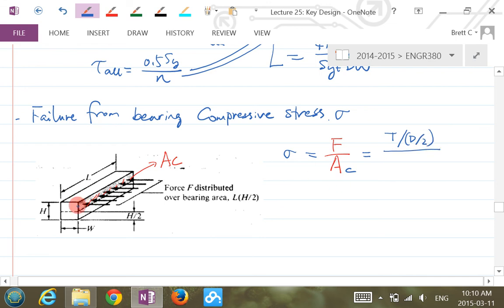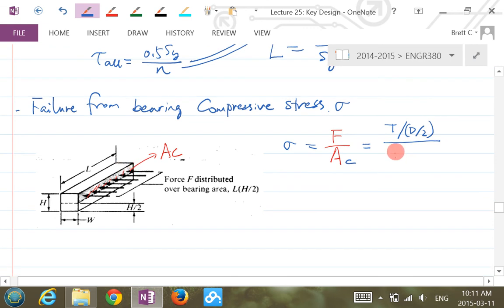And Ac is this shaded area. How much is that? It's half of the height, H over 2, times the total length L. So totally you get 4T over DLH. That's the bearing compressive stress, and you don't want this stress to exceed certain strengths.